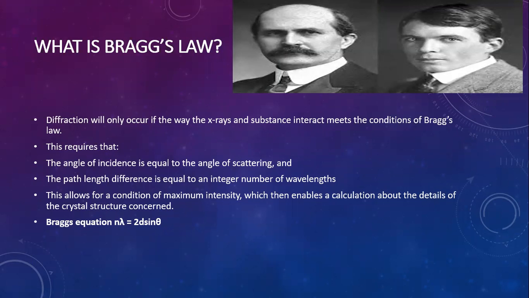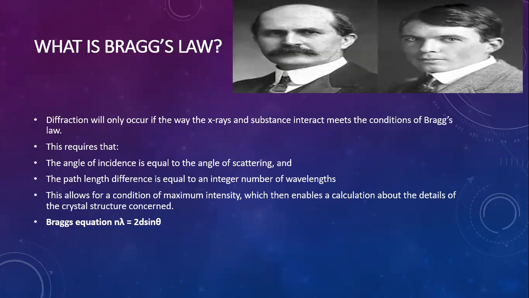Bragg's law tells us that diffraction will only occur if the X-ray and the substance interaction meets the condition of Bragg's law. The requirement is that the angle of incidence equals the angle of scattering, and the path length difference equals an integer number of wavelengths.